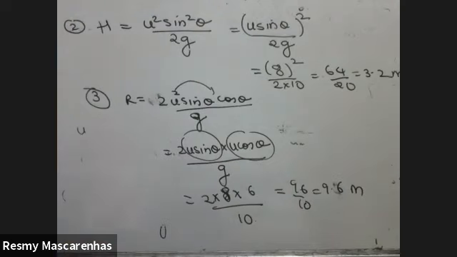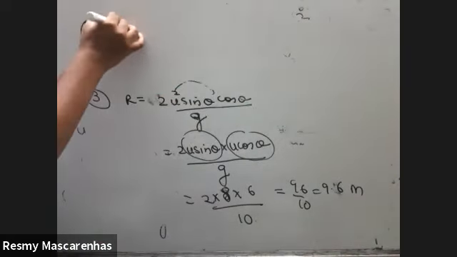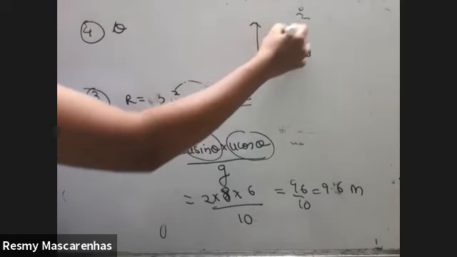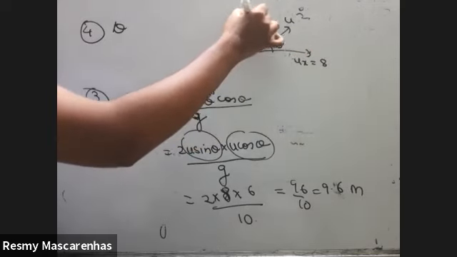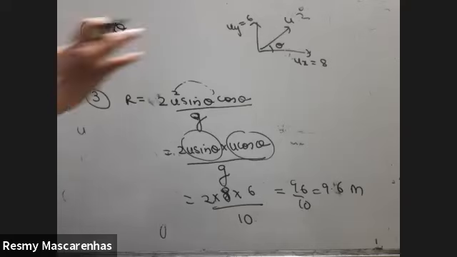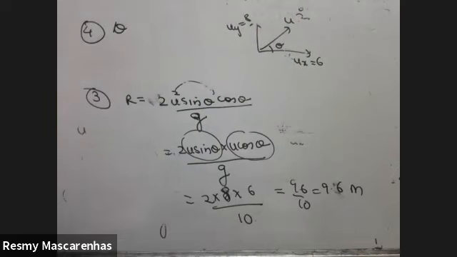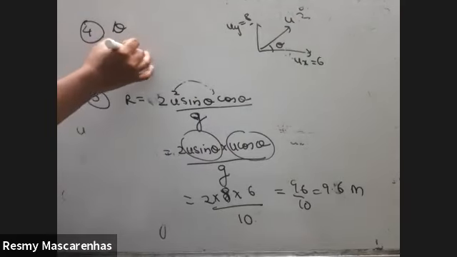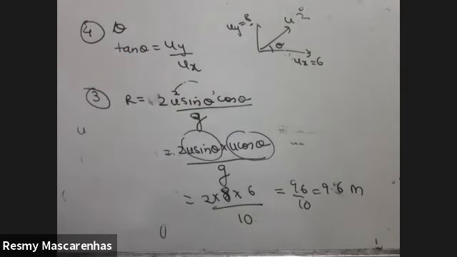And the last one is the angle. So I told you, whenever you have the two components and you want to find the angle between them, this is 8, and uy is given to me as 6. Then you have to always find tan theta, which is always uy upon ux. If you know the components and you want to find the angle, it's always the vertical component upon the horizontal component.